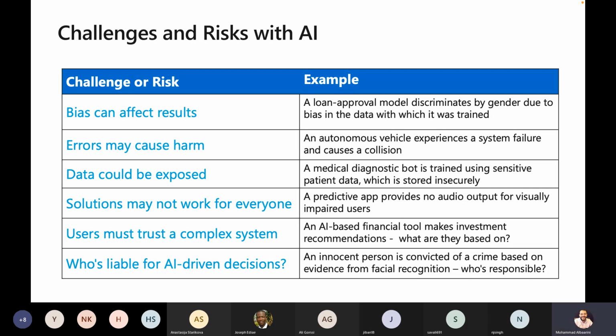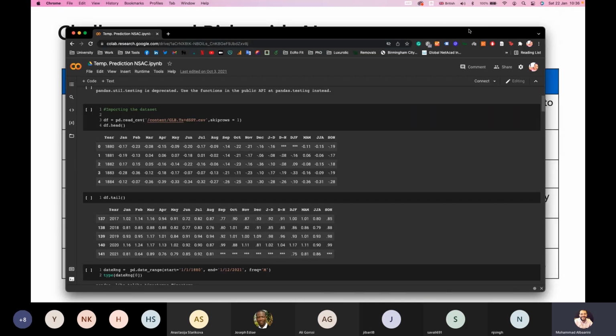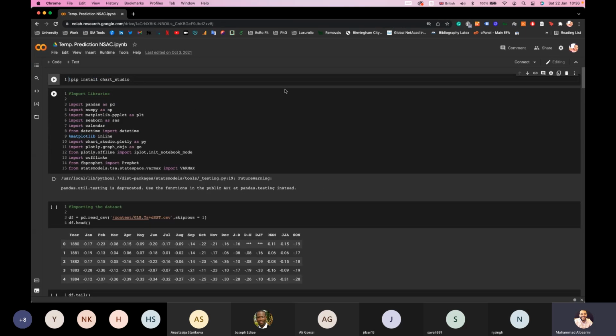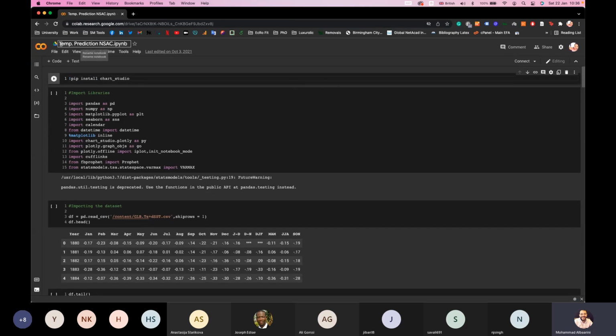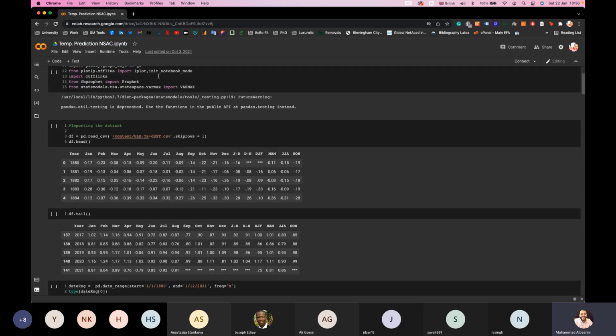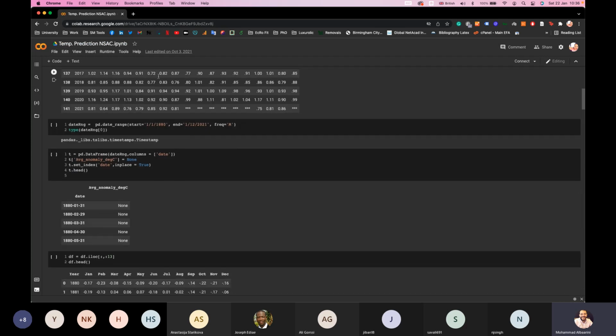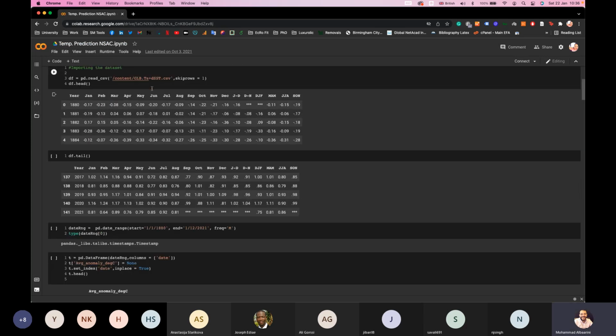The other one I did was water quality prediction, predicting the quality of water over time, based on previous data. These are some of the things I personally worked on. I was competing in the NASA Space Apps hackathon last year, and thankfully I won.